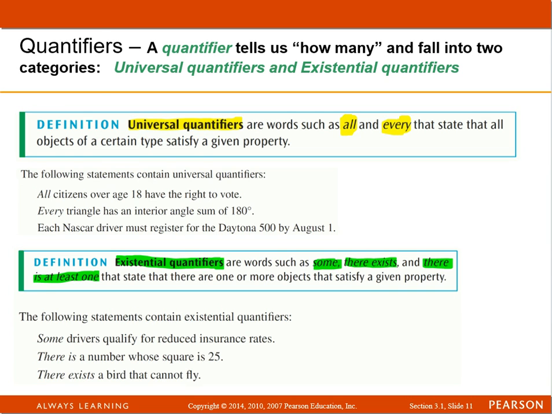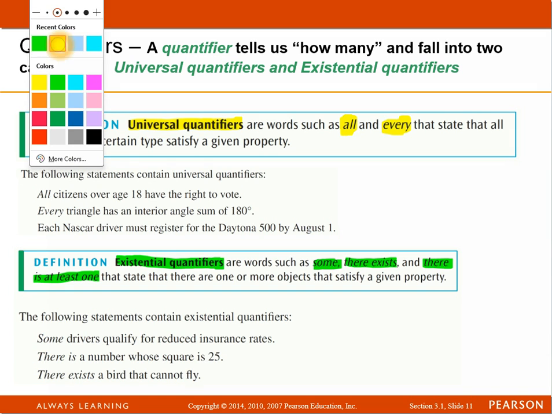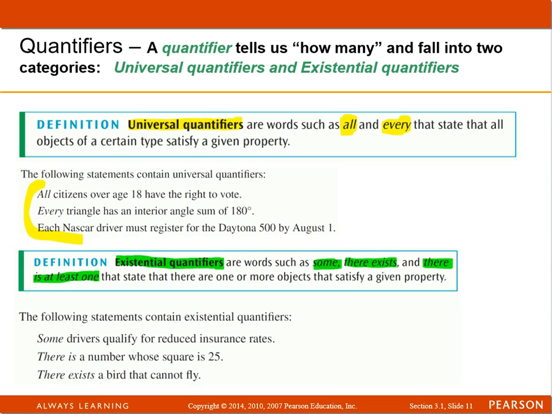So they've got some examples up here of the universal ones. These are universals. All citizens over the age of 18 have the right to vote. Every triangle has an interior angle sum of 180 degrees. Each NASCAR driver.